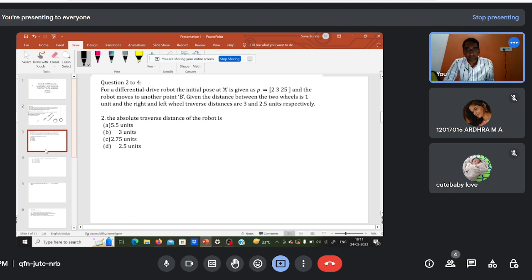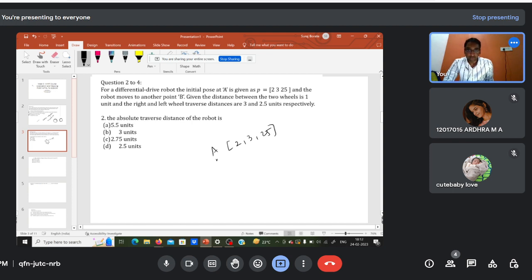Let's move on to question 2. For a differential drive robot, the initial pose at A, so our robot is at A, the coordinates were 2, 3 and 25.